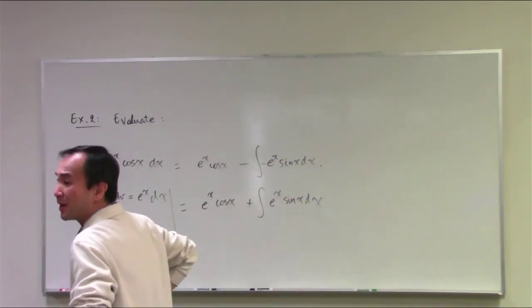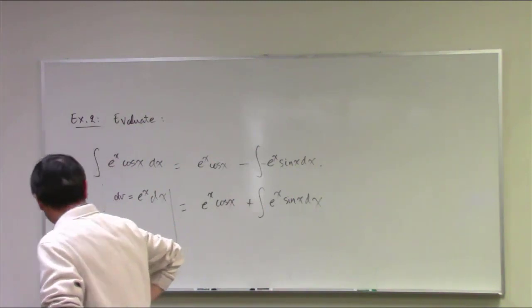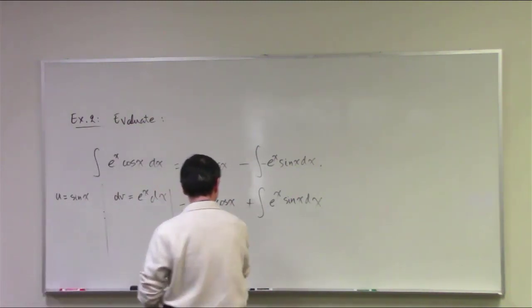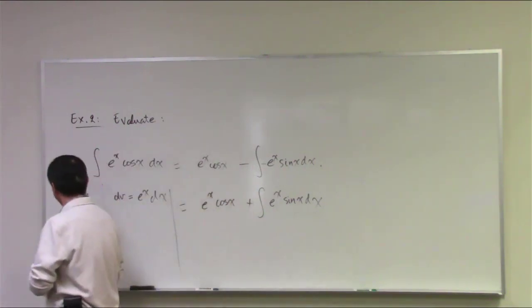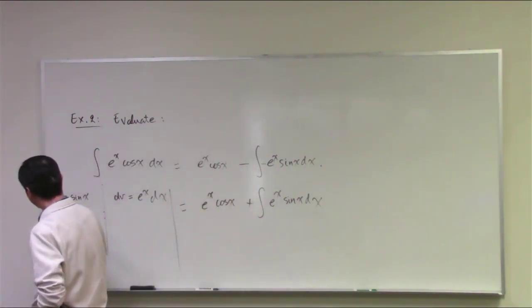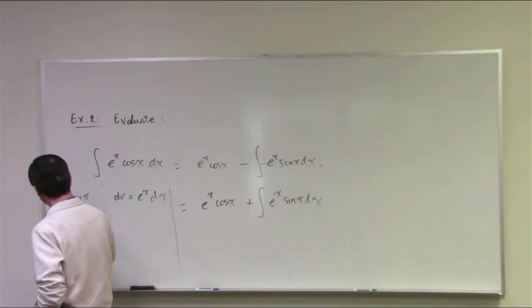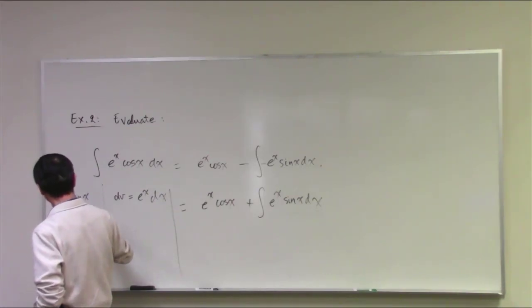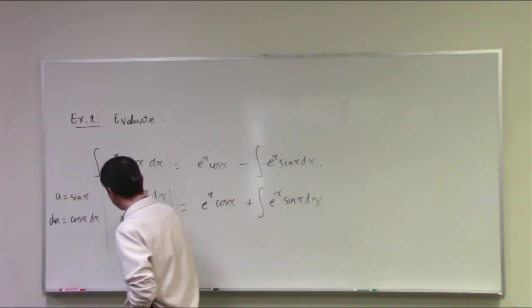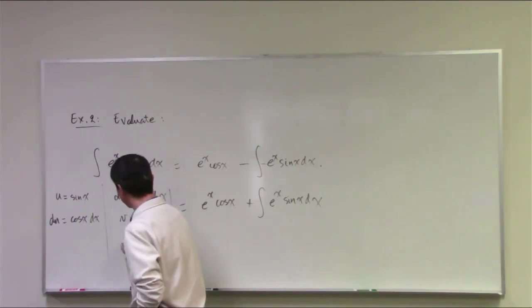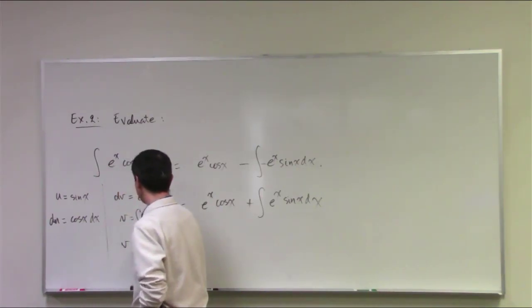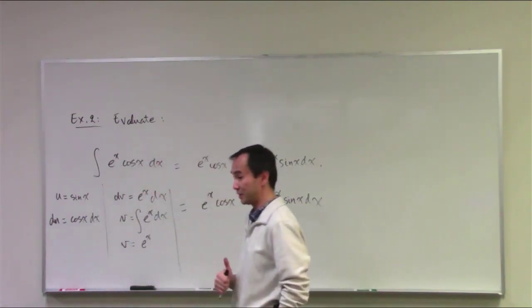So we still want to do it again, just like the similar experience we've had. So here I'm looking at du equals cosine of x dx. The v here is the integral of e to the x, so v will be just e to the x again. Are we good with that right there?